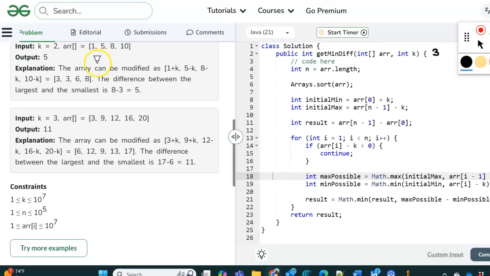So there's some point at which we're going to stop adding k to these numbers and start subtracting k. In this one, what they did is they added k to the first number and then started subtracting. Okay, so they got 3, 3, 6, 8, and the difference between the largest and smallest is 5.